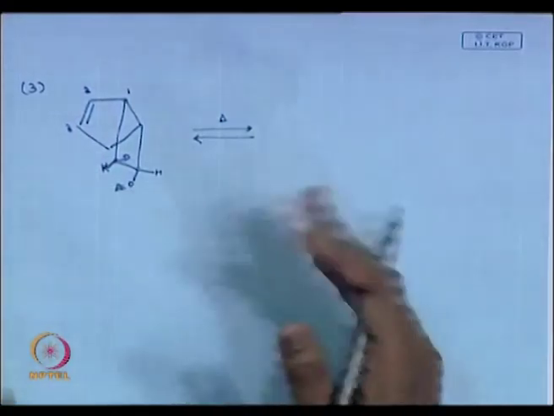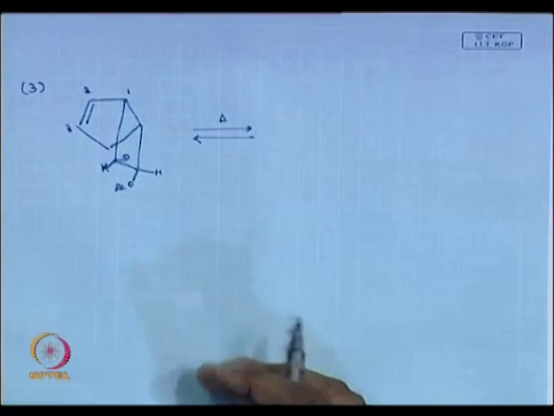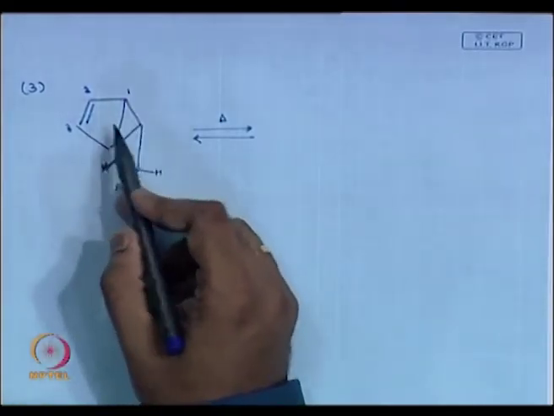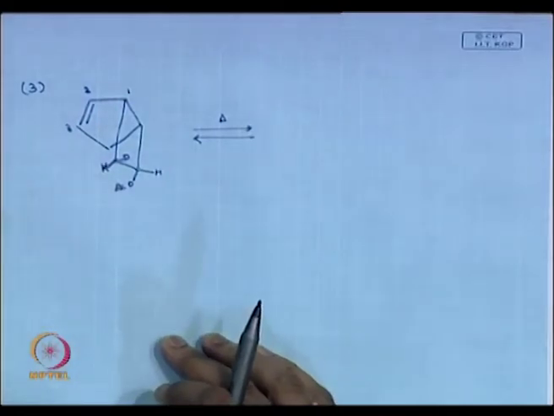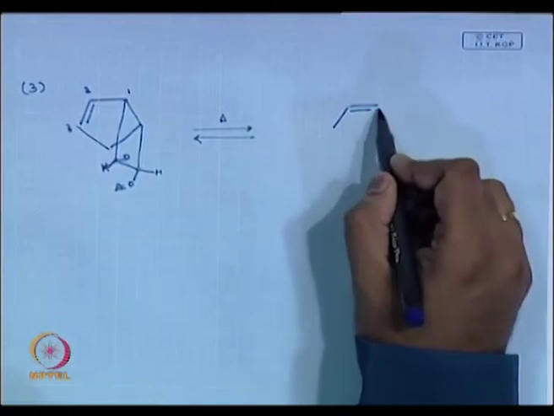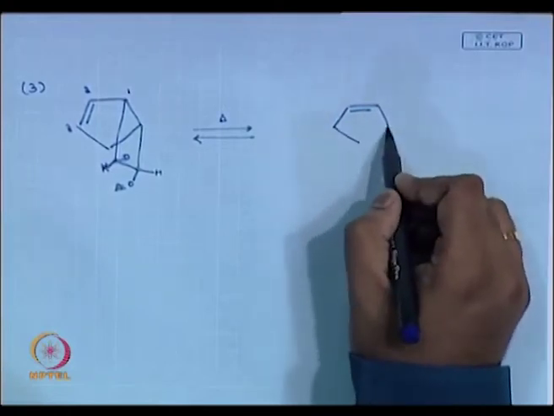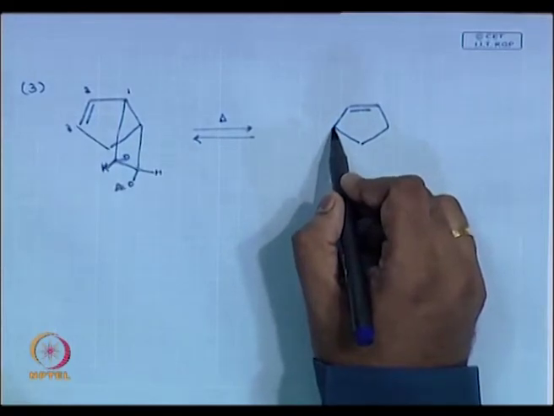I will be happy if you write the structure before me, because I want to know how you see this particular carbon when it moves, because it is undergoing an inversion. I know that you will write this part, okay, but I will be much more interested to see how you write this.